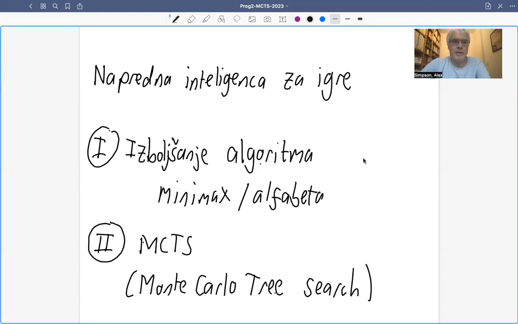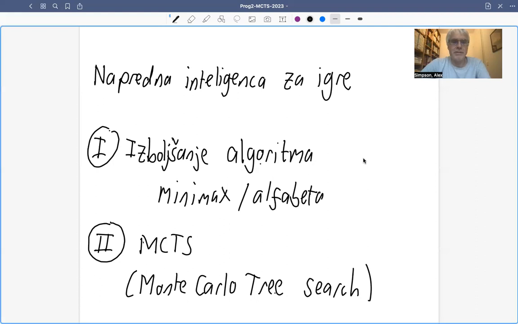So the presentation is going to be divided into 2 parts. Firstly, I'm going to assume that you've got a basic minimax or alphabeta algorithm running and playing the game, and we're going to look at ways of improving that.